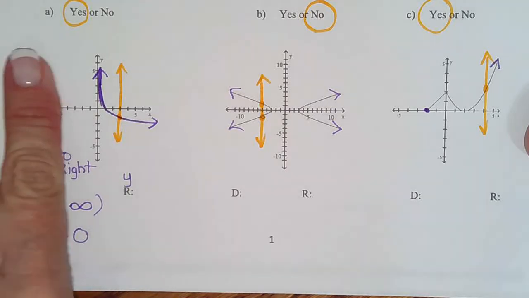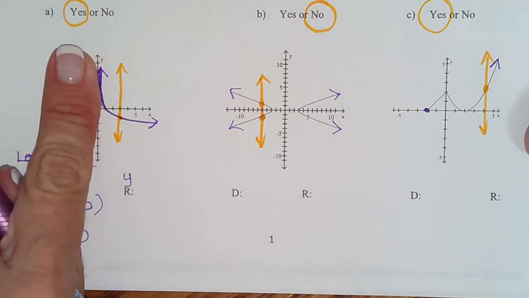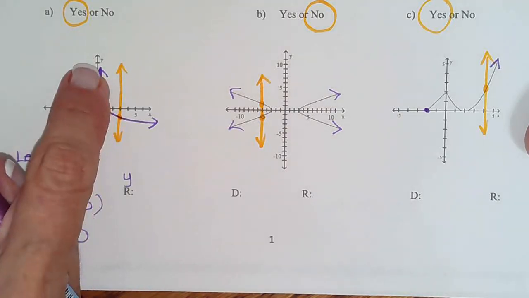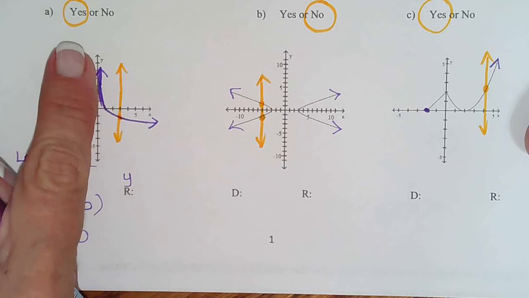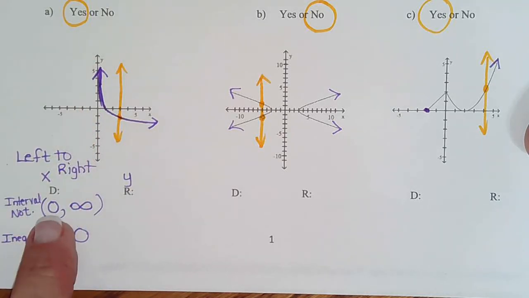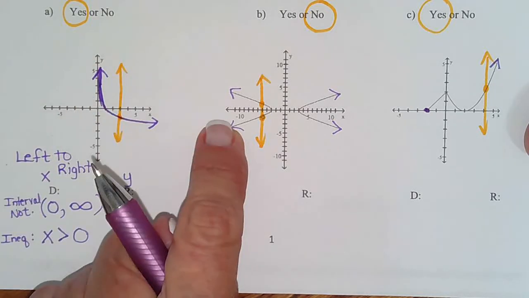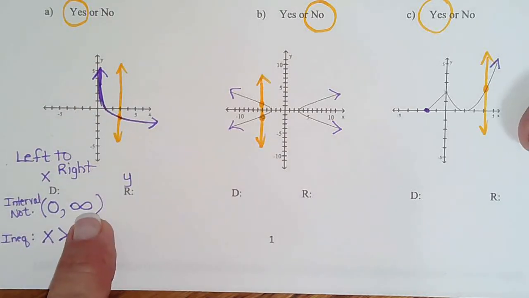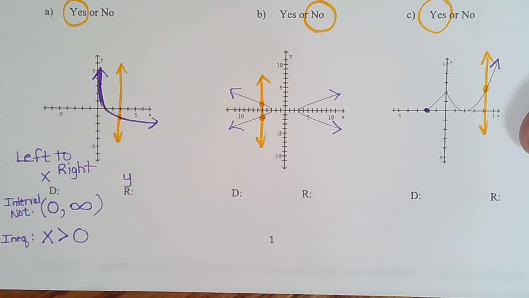So no x's, no x's. The x's start at 0, but they never hit 0 because they crawl right along the y-axis. That's why we have a parenthesis. And they go to infinity. And we learned in our inequality section, infinities never get a bracket. They always have parentheses.